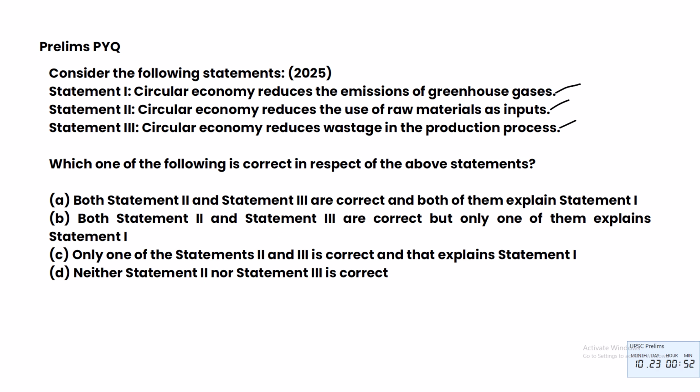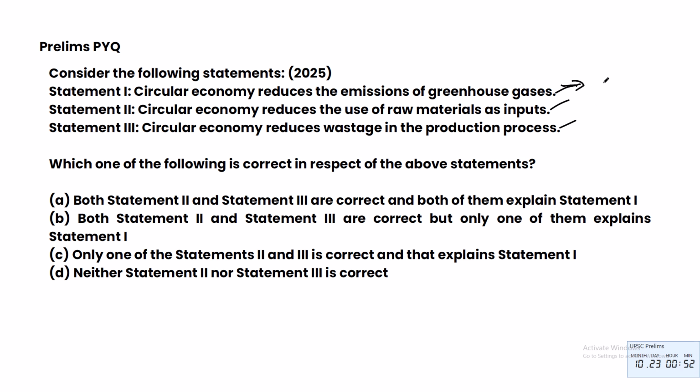So let's consider the statements given. See, we did read about the circular economy some time back, which speaks about recycling things. By reusing resources for a longer period, it reduces wastage and minimizes the extraction and processing of new materials.